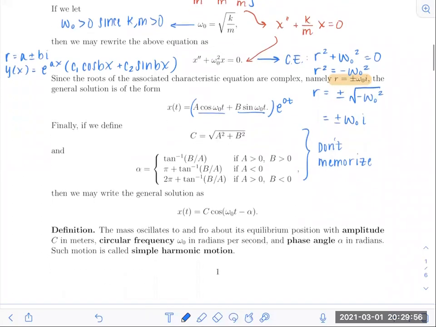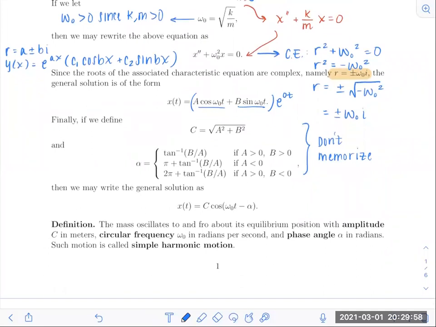And so using those two sets of equations, we can take our original x of t function, which was a cosine omega naught t plus b sine omega naught t, and we can write it in this single cosine function, c cosine omega naught t minus alpha. All right, so that being said, we have a couple of definitions here, again, things that we can pull off of this equation quickly.